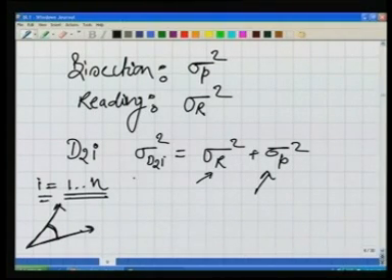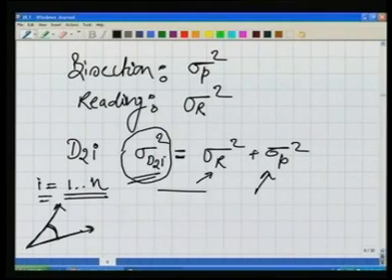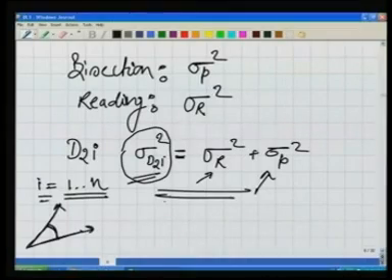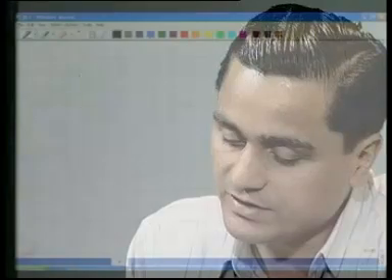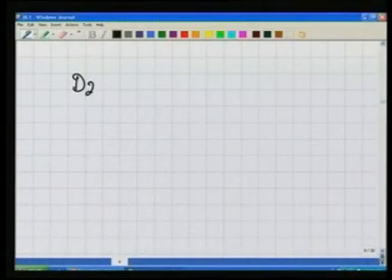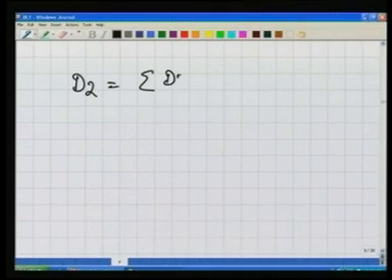So the standard deviation of the error for this foresight will be given by this formula. Now what we are interested in is finding D2, where D2 is the mean, the sum of D2i divided by n.